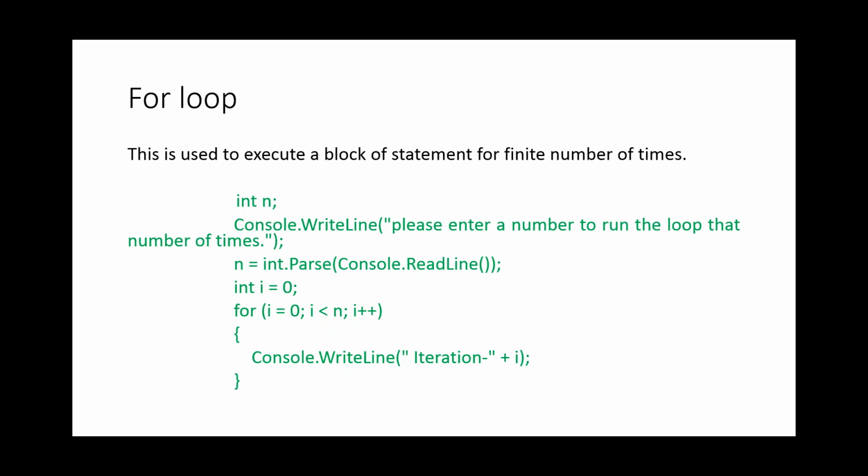Means the very first part in the for loop brackets is i equal to 0, so it initializes the i value from 0. The very next statement is i less than n.